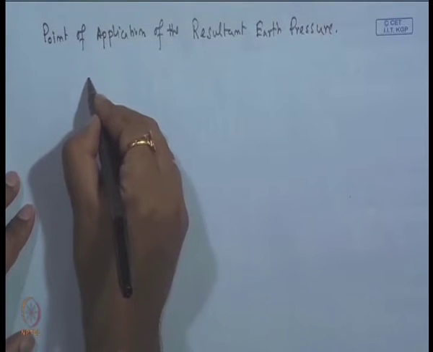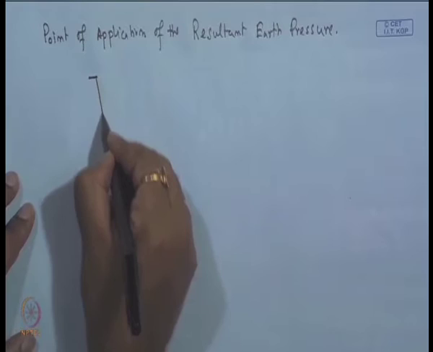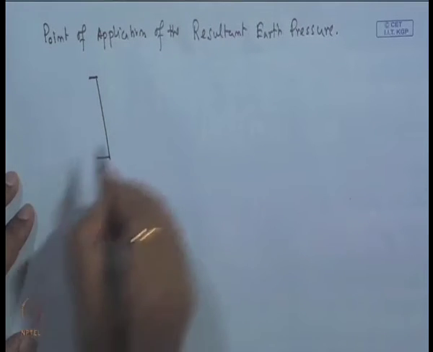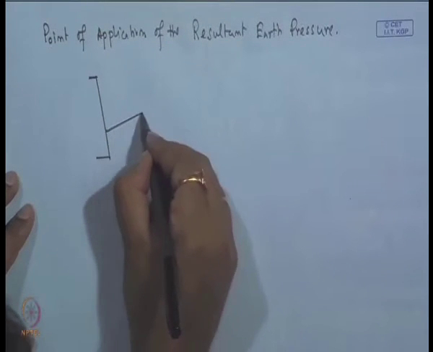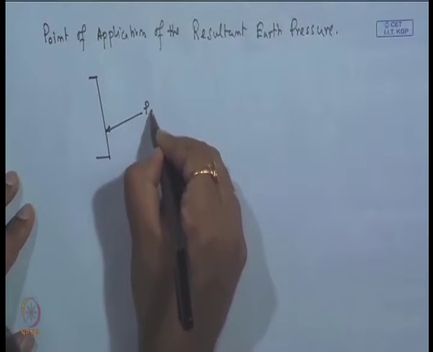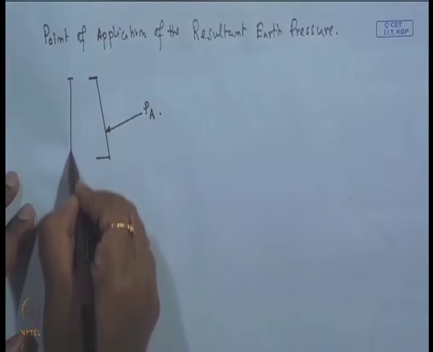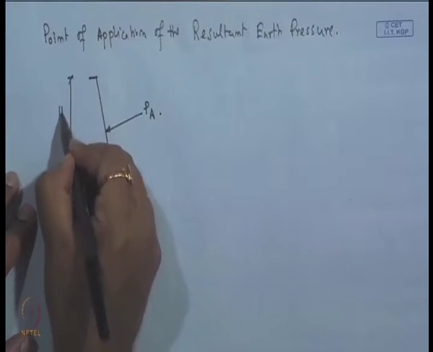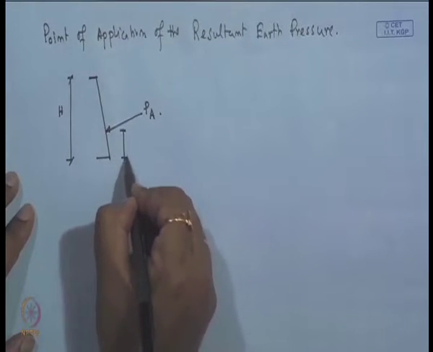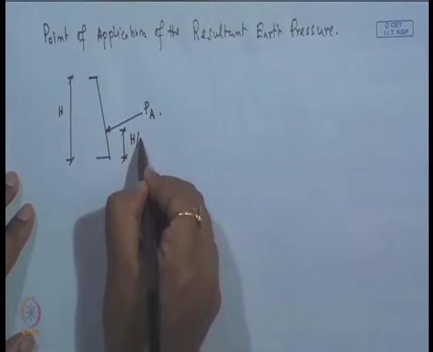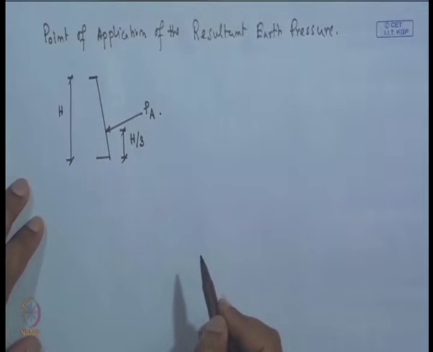As I mentioned previously, if it is a retaining wall in the static condition, PA static, if this is the height H of the retaining wall, will act at a height of H by 3.